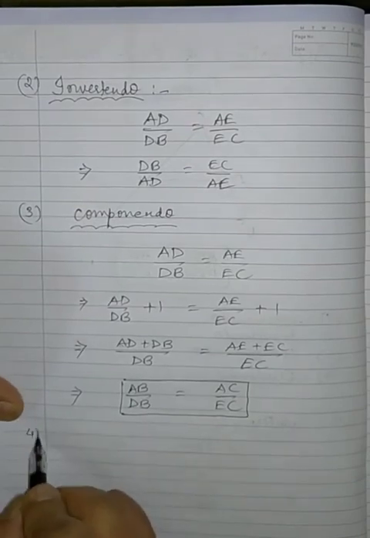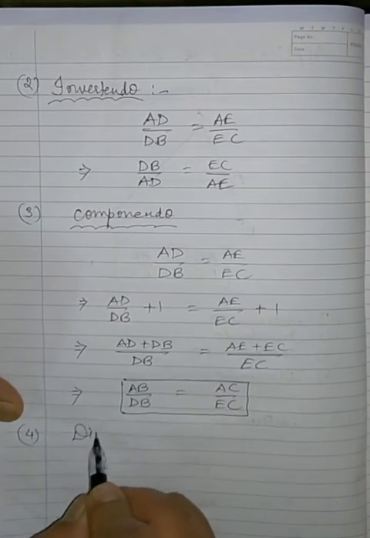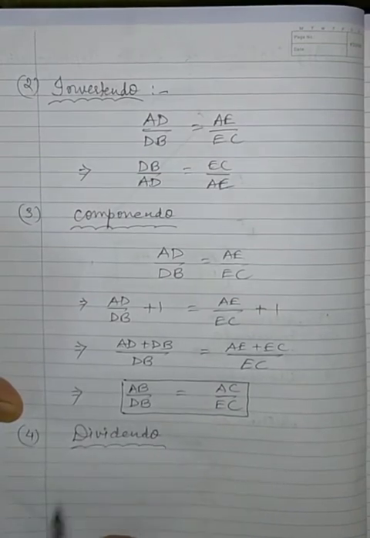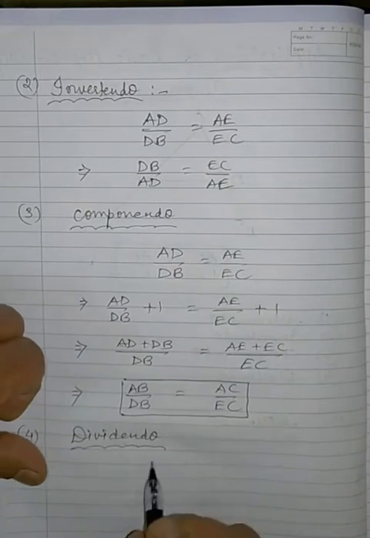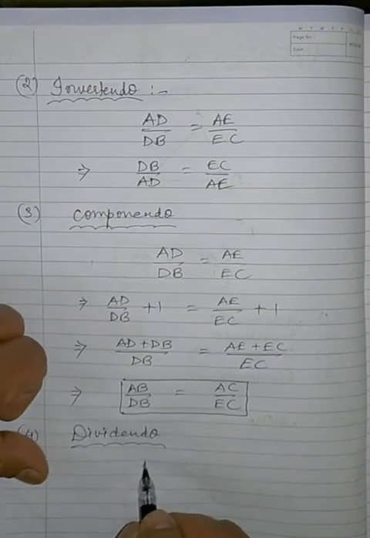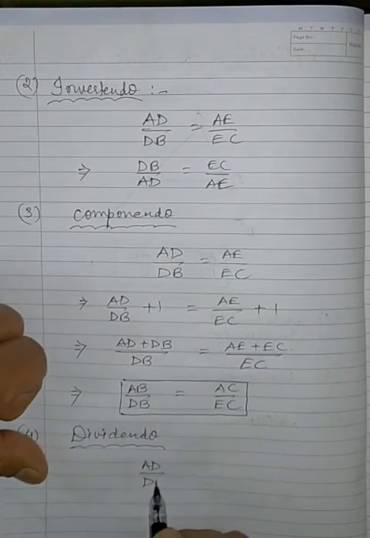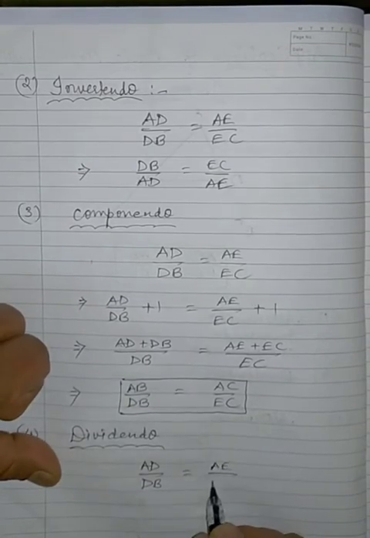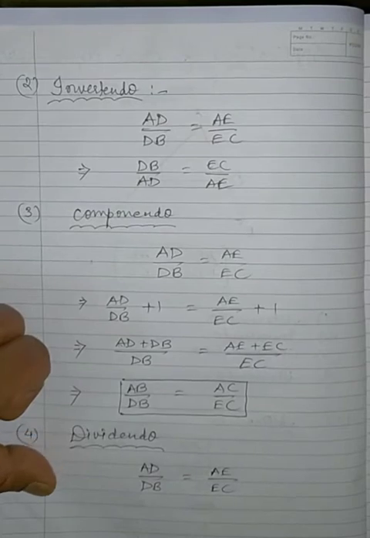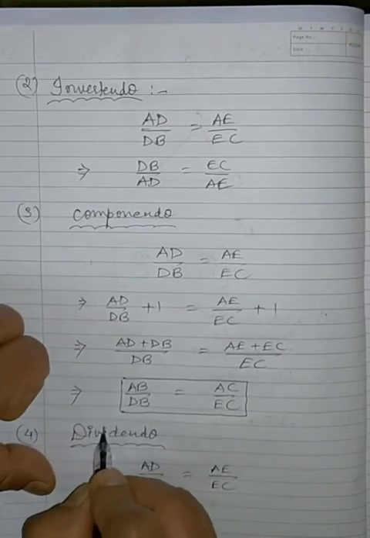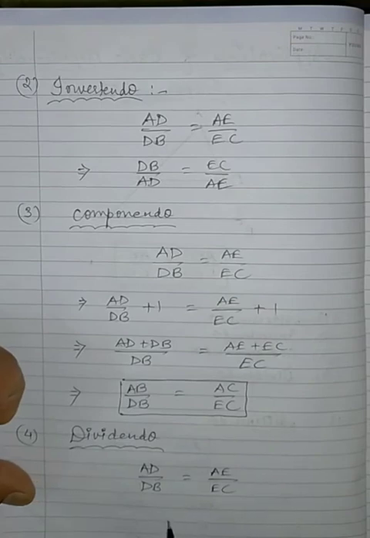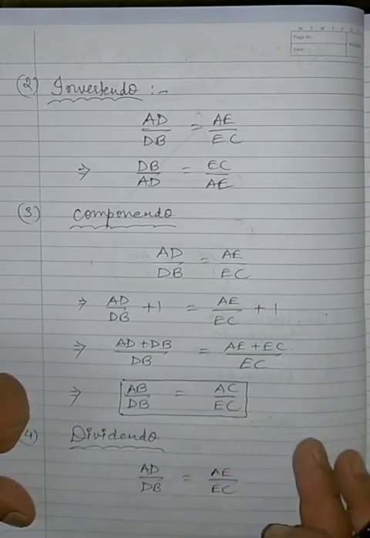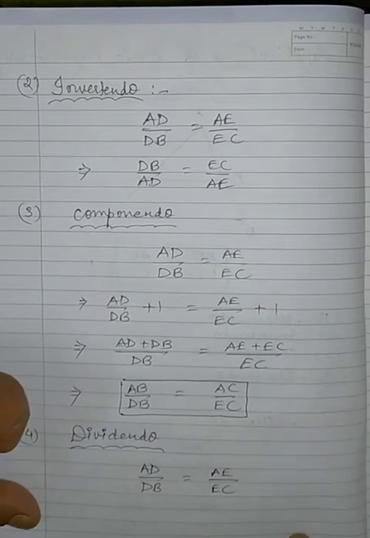Now the fourth relation we have is dividendo. Once again, the main relation we have is AD upon DB is equal to AE upon EC. This is the main relation. The relation of dividendo we use generally to find the ratio of part with the part.